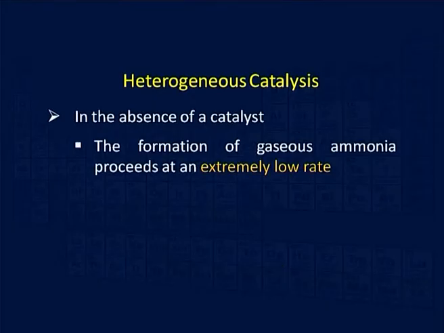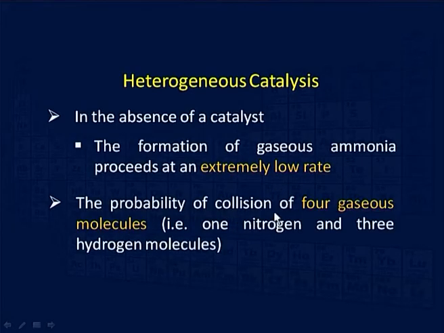Now, in the absence of a catalyst, the formation of gaseous ammonia proceeds at an extremely low rate. Sometimes the conversion requires hours or days. This is because the collision of 4 gaseous molecules, that is 1 nitrogen and 3 hydrogen molecules, is extremely rare in the absence of a catalyst.